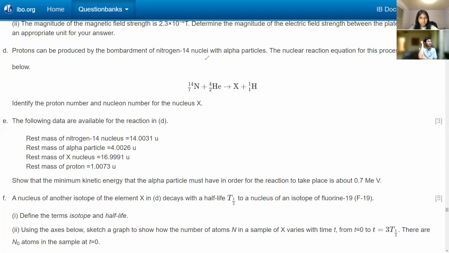So for the other mass, it's 0.0007 U. So times 0.0007 U. And how did you do that? You did 7 times the proton mass and then 7 times the neutron mass? No, I just did rest mass of X nucleus and proton minus nitrogen-14.